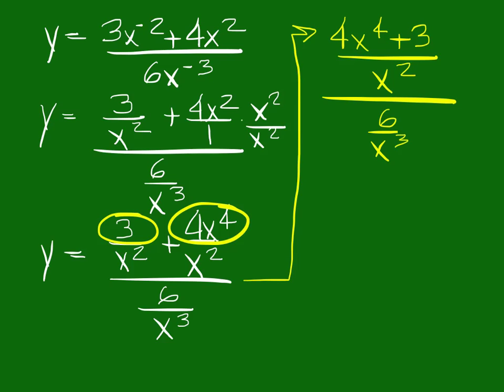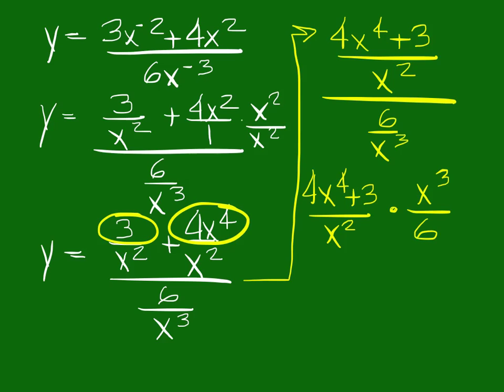Now if you're dividing by a fraction, that's the same as multiplying by the reciprocal of that fraction. So you would have 4x to the fourth plus 3, all of that over x squared, staying the same. And then multiply by the reciprocal of the bottom.